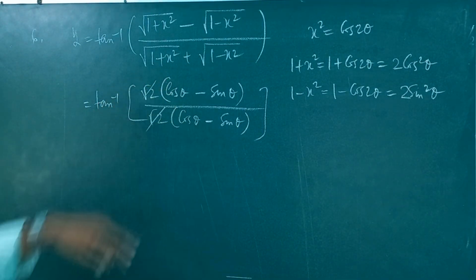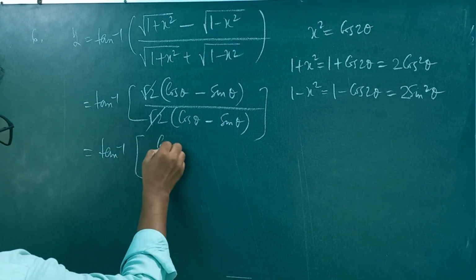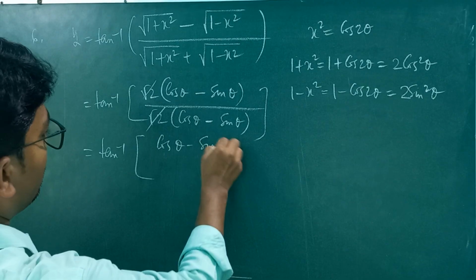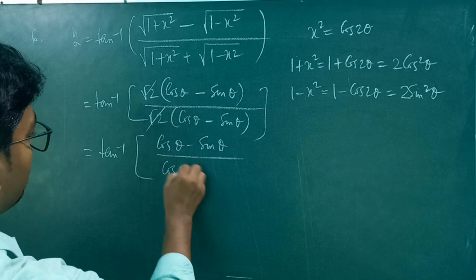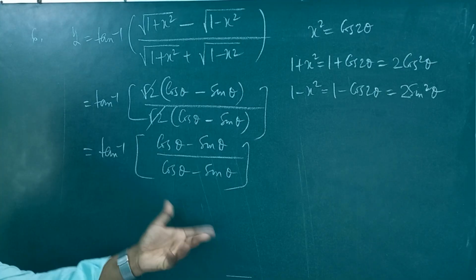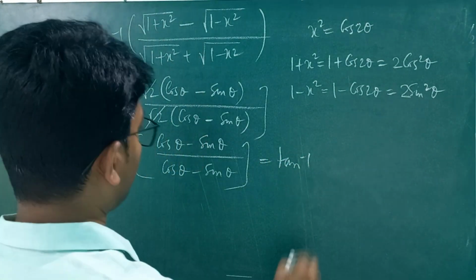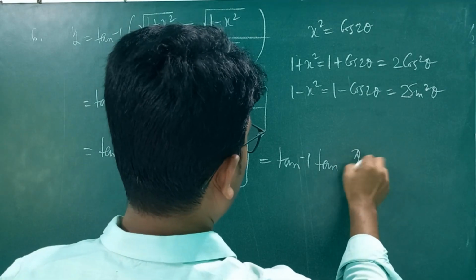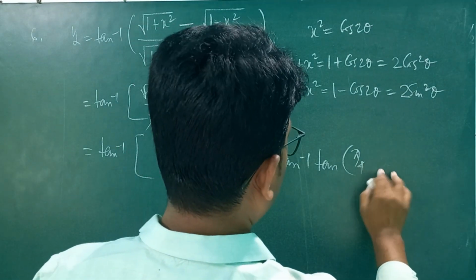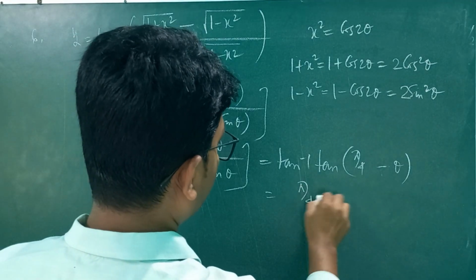So this also deduces in our conventional structure, that is (cos theta minus sin theta)/(cos theta plus sin theta). And you can easily convert them into the structure of tan. So it will become tan inverse of tan of (pi by 4 minus theta), and you will get only pi by 4 minus theta.